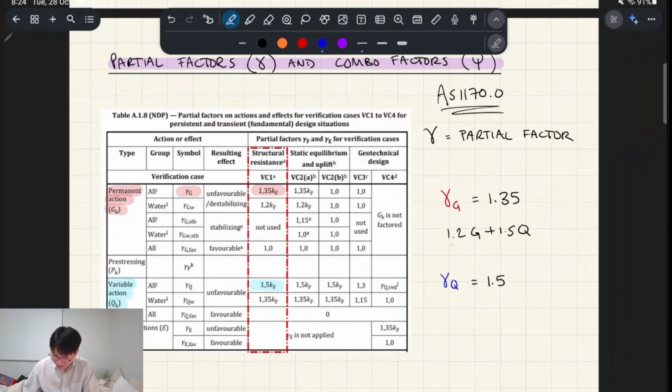That would be gamma G and gamma Q. So gamma in their code refers to the constant before a type of load, like a dead load. Their equivalent for dead loads is 1.35G, and their equivalent of that 1.5 for Q is just 1.5.